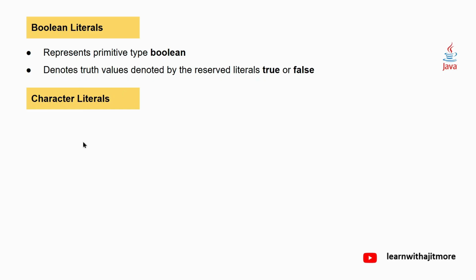Now, the next type of literal is the character literal. Character literal means any single character enclosed in a pair of single quotes. When you enclose it in a pair of single quotes, then it becomes a character literal.